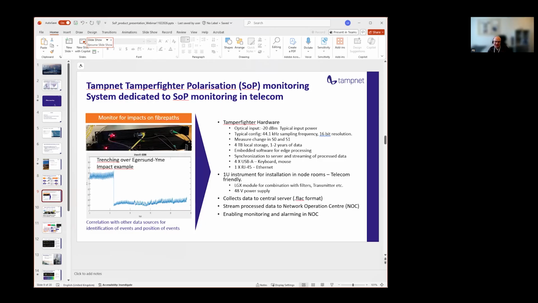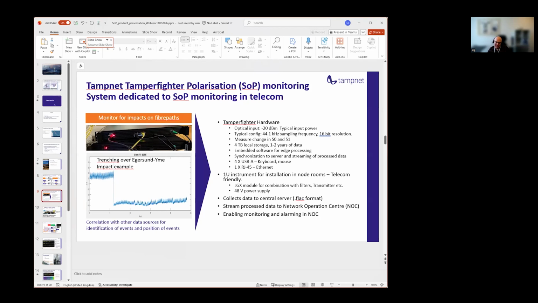So this is the instrument that we have built. It's a prototype. We are now developing an instrument for production. This is what I would say a tailored instrument. So we measure changes. Typical input is -20 dBm. Sampling frequency is here like 44.1 kilohertz.